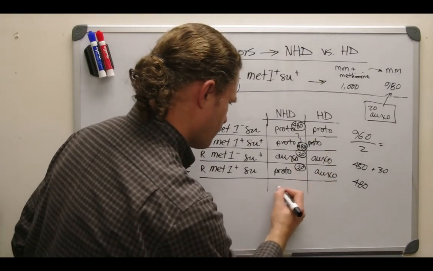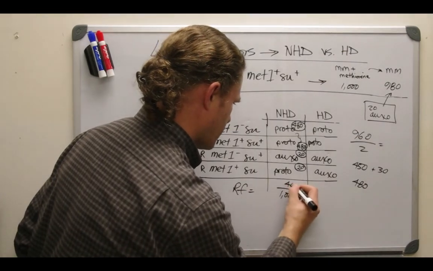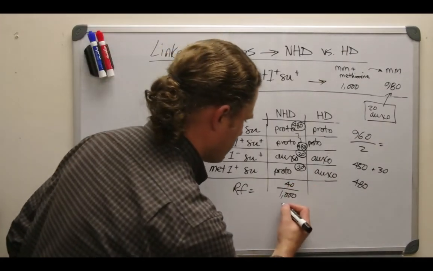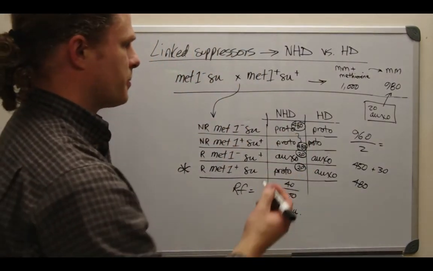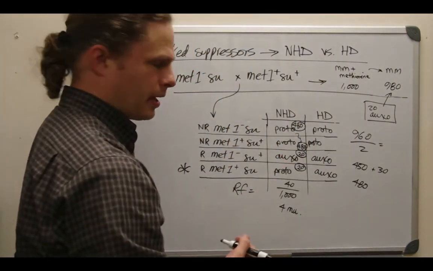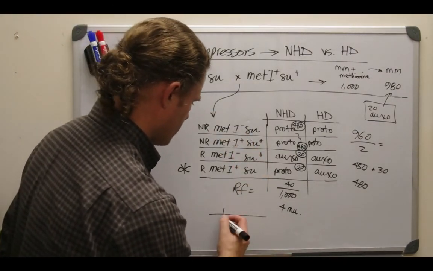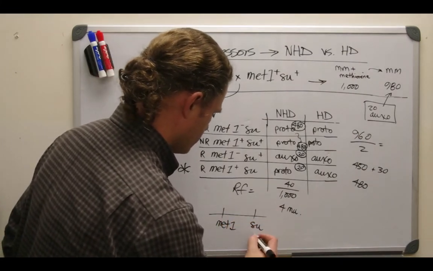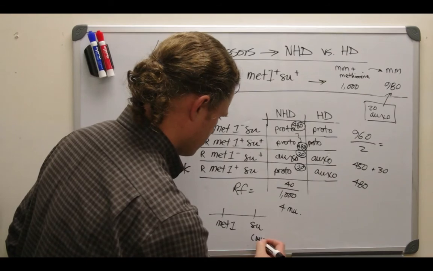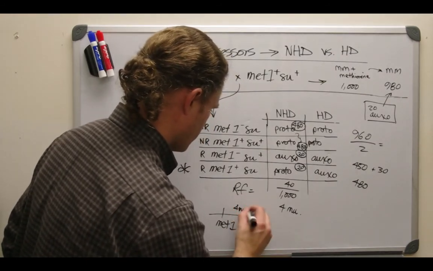Okay, so the recombination frequency in this case would be 40 divided by 1,000, or 4 map units. So if this is a non-heterodimer suppressor, we know that it is 4 map units away from the original locus. And if we wanted to draw a map, we would put the MET1 locus and the suppressor, if it's a non-heterodimer, 4 map units apart, like so.